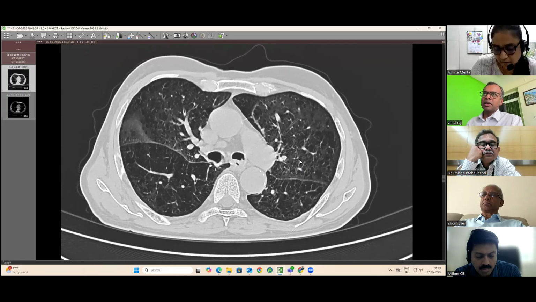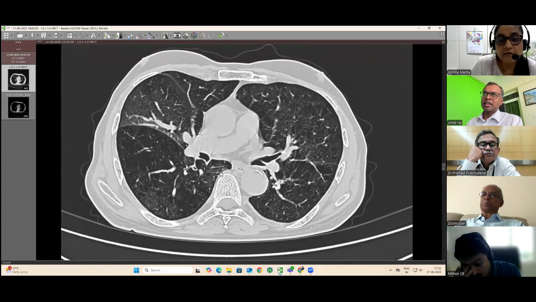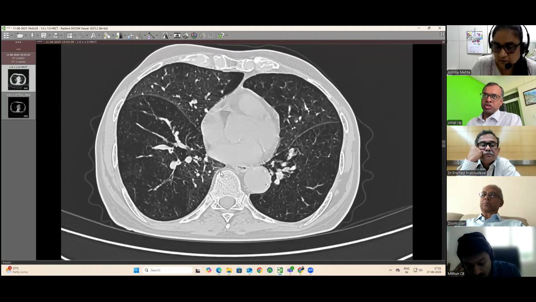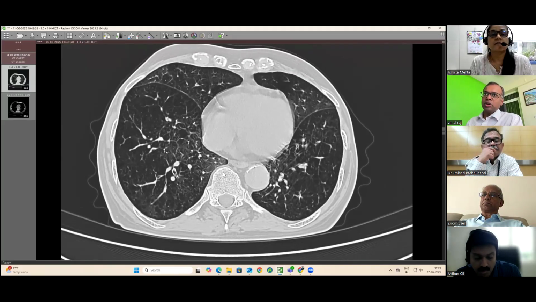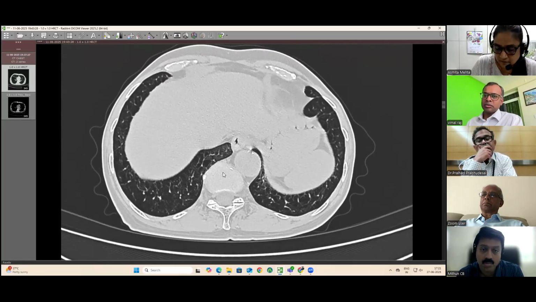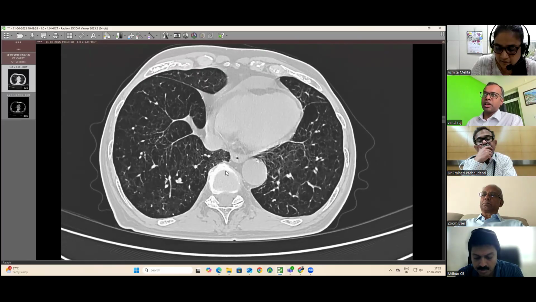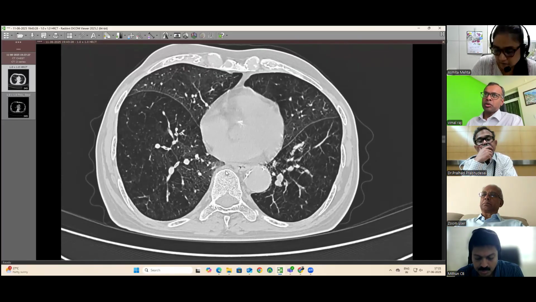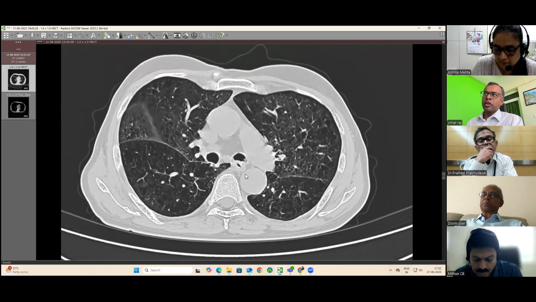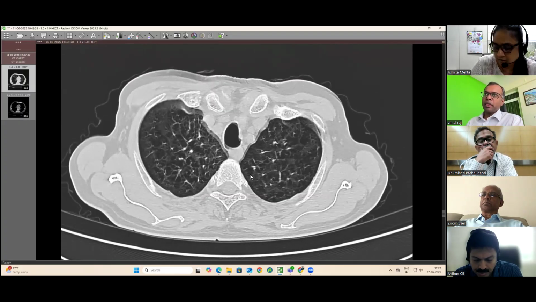As we come into the lower lobes, there are larger areas of coalescence of these changes. I am not seeing any distinct cystic lung disease. There is a lot of hyperinflation. I'm not seeing any major nodule or mass lesion. There's a lot of bronchial wall thickening. To me, this looks like significant emphysema.